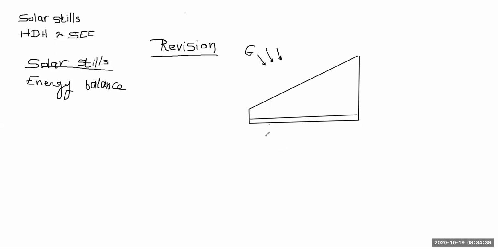The components that we have here are the glass cover, and the water inside. Sometimes we have the basement of the solar still made of some metallic black painted material, and we call it the absorber.